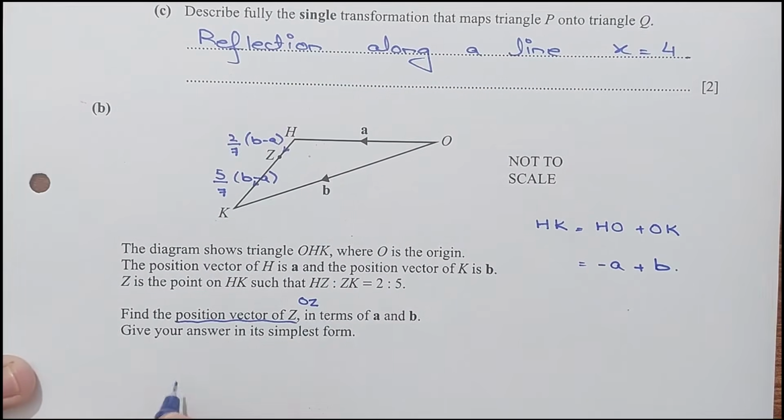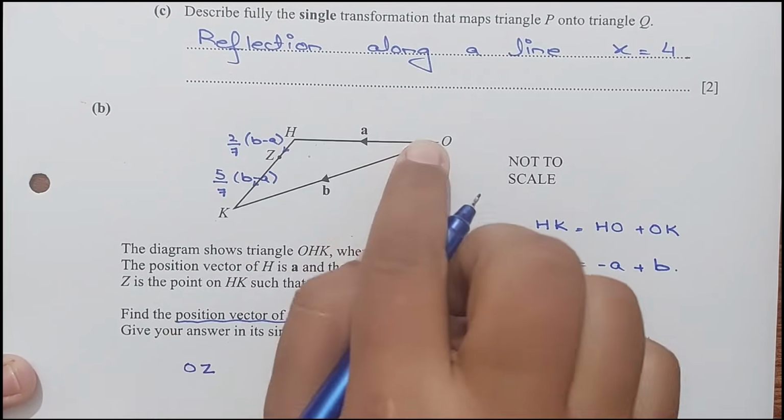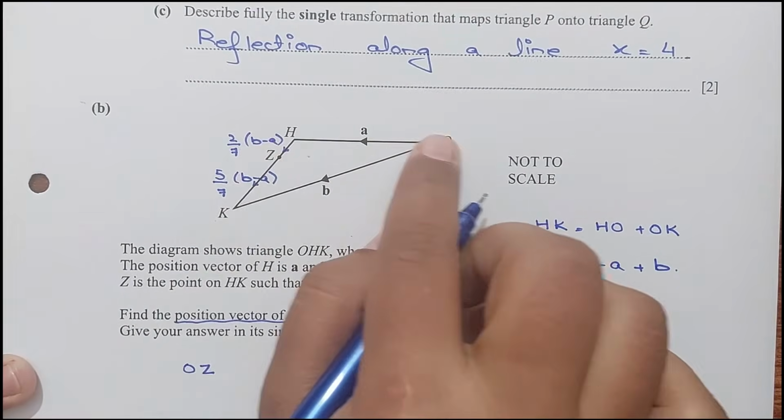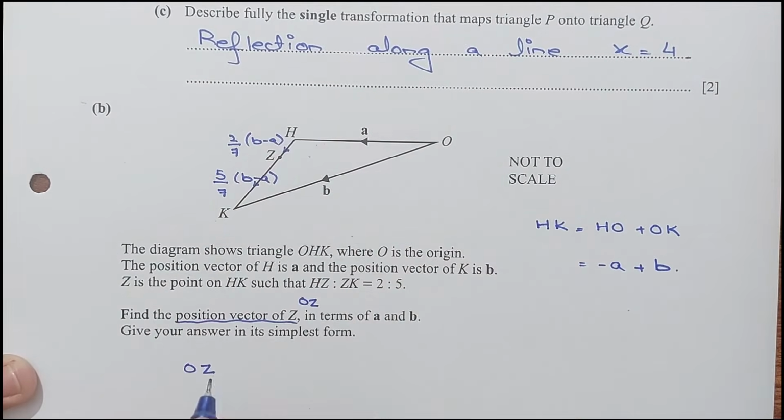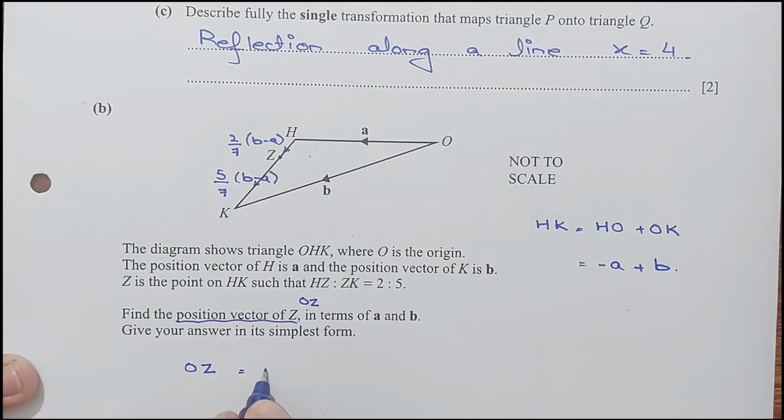Now let me find OZ. O to Z follows the path of OH and HZ. OH plus HZ, right? OH is a, HZ is 2 by 7 of b minus a.